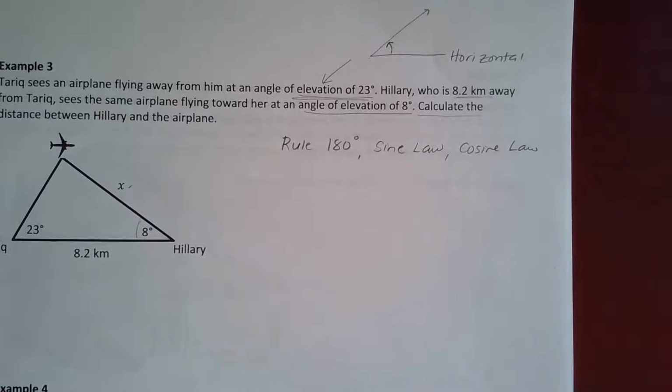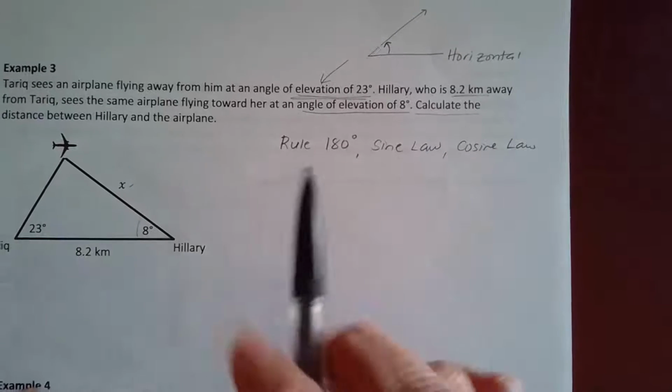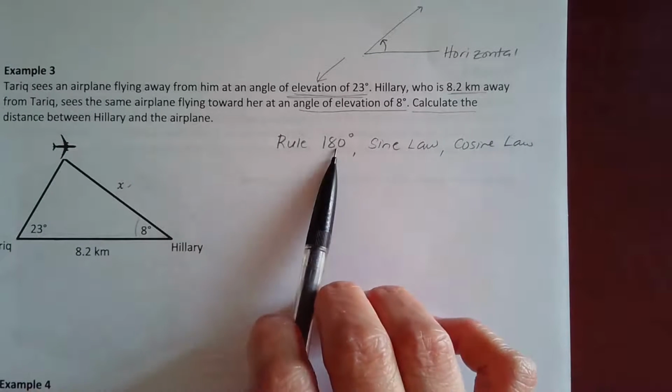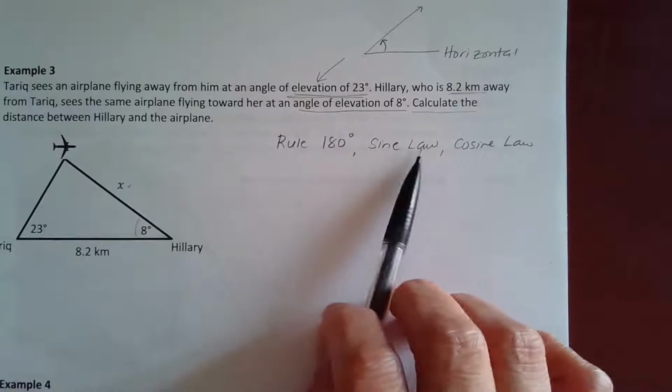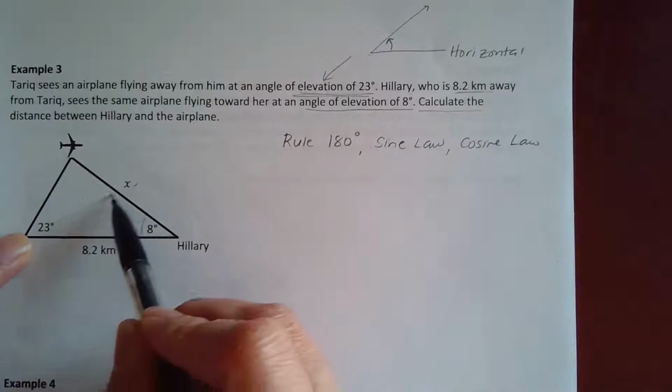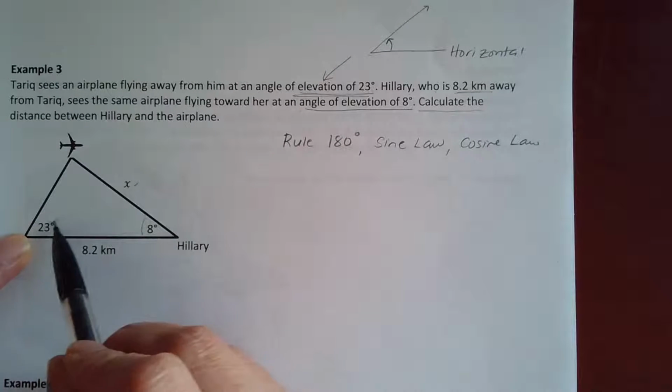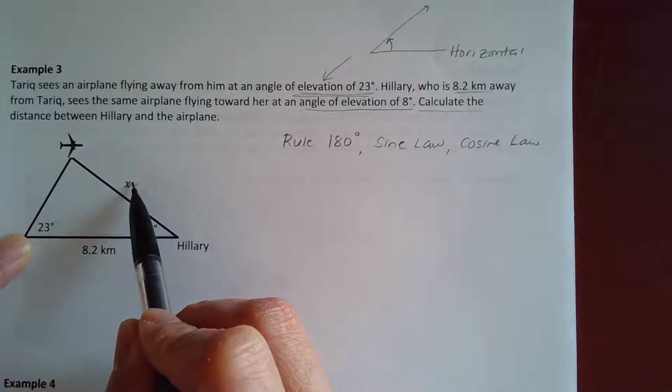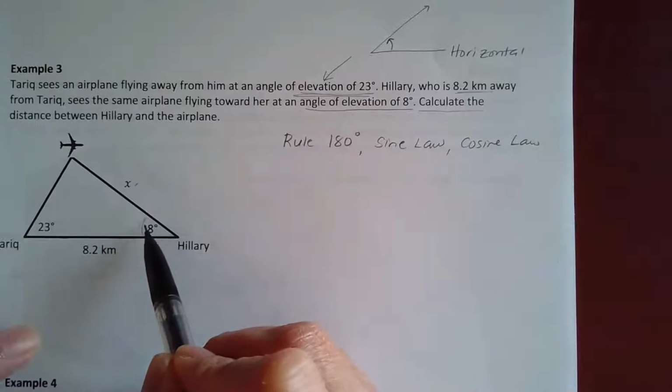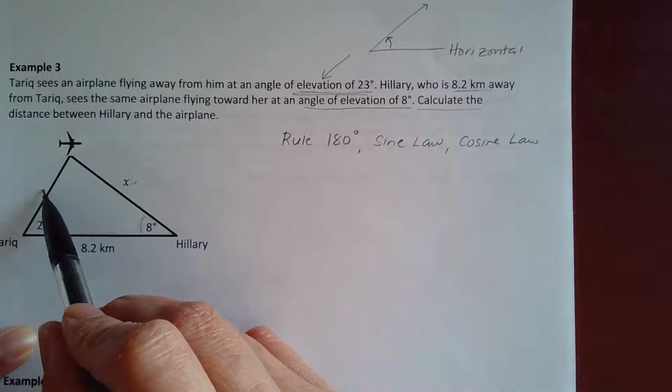Now, can I use sine law? I don't have a complete pairing. I have this side, but I don't have a complete pair for that one. I have this angle, but I don't have a complete pair for that one.